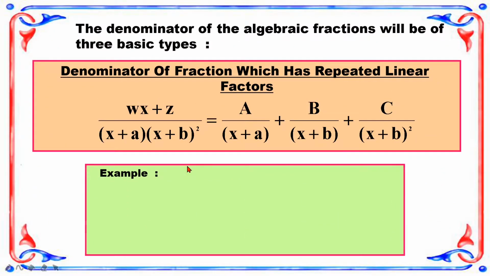The next thing is we need to see whether the denominator has repeated linear factors. For example, in this case, if it is a repeated linear factor, meaning you have a linear factor and then a square or a cube, then the fraction will use this decomposition format.